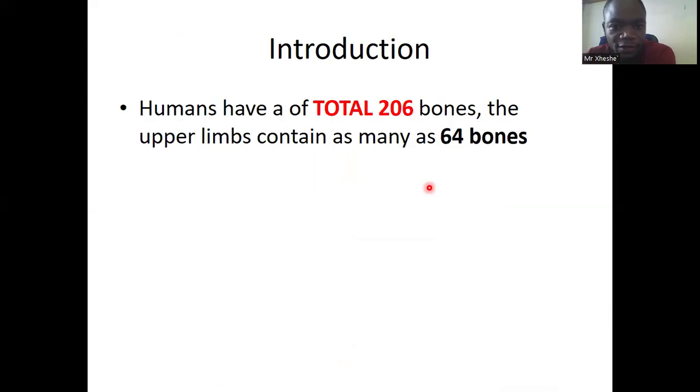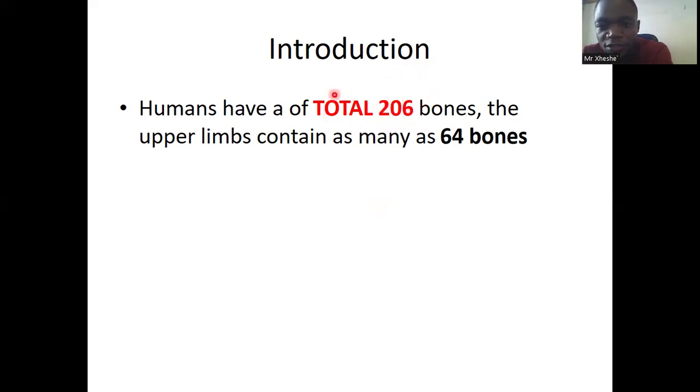So before we go any further, I would like us to know that the human skeleton has a total of 206 bones. So counting one by one, we are going to have 206 bones in the human body, including those small bones found in the ear, what we refer to as ossicles. Now, the 32 teeth that adults are expected to have are not part of this numerical value.